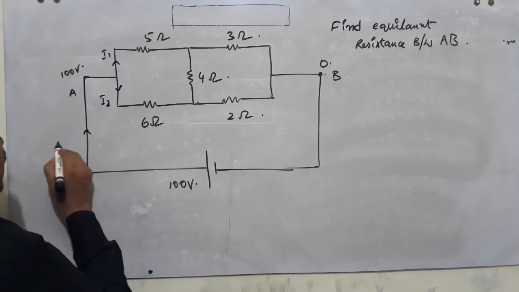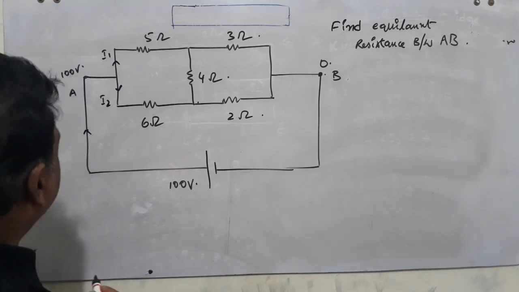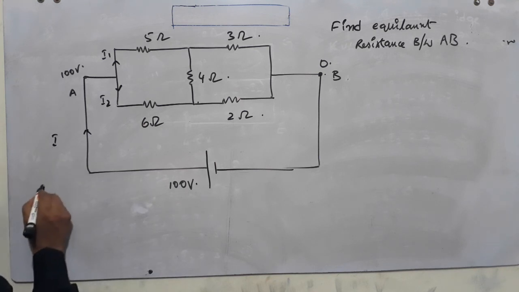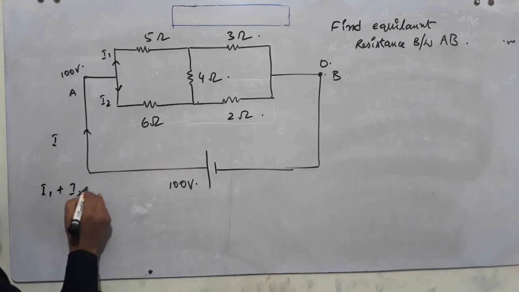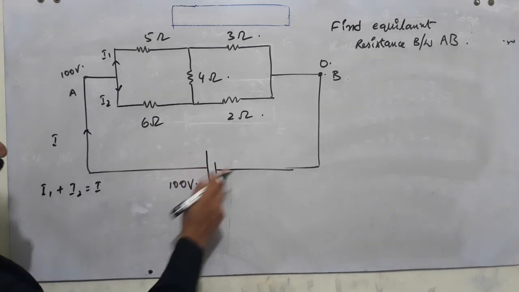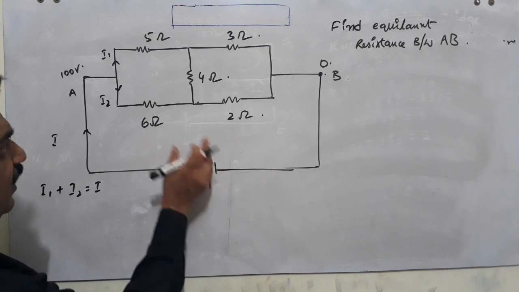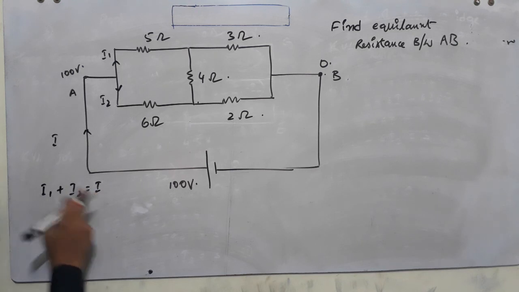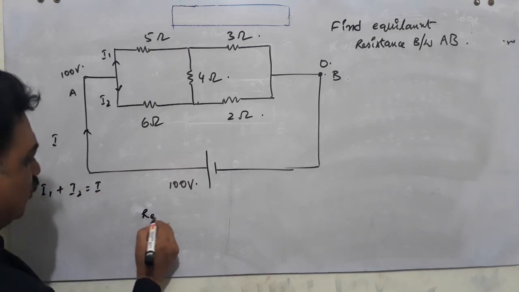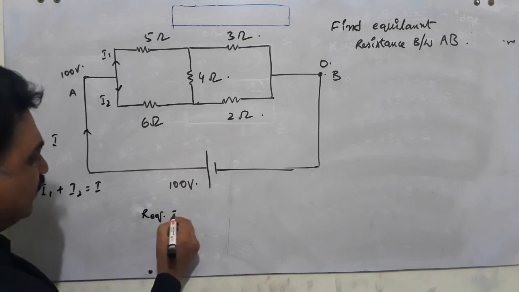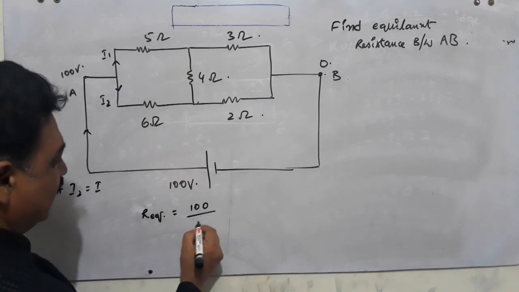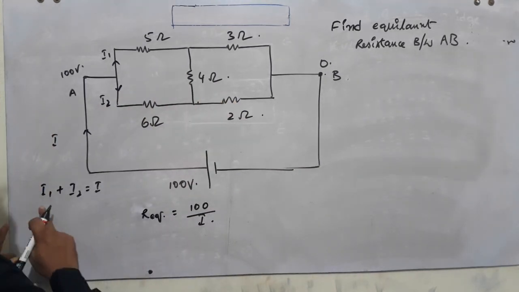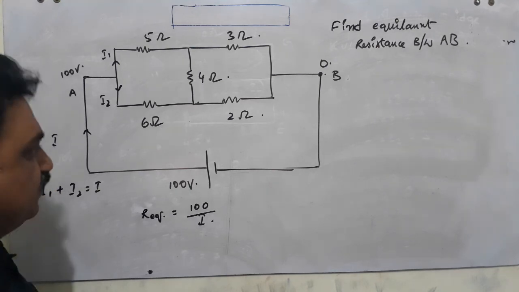If I is the total current, I will be equal to I1 plus I2. So the effective potential difference between A and B is 100 volt and the effective current drawn from the cell is I. If you are asked to find R equivalent, this is 100 by the effective current to this circuit. This I means I1 plus I2, that I am going to find.